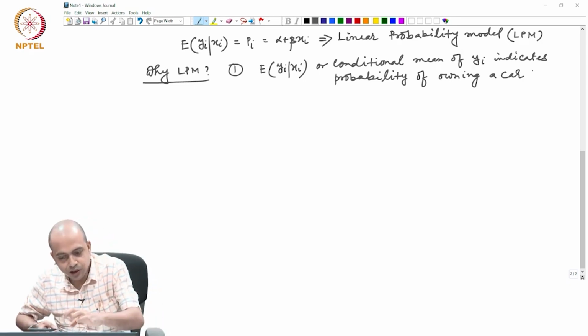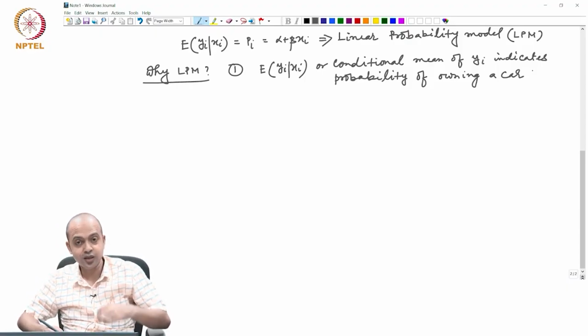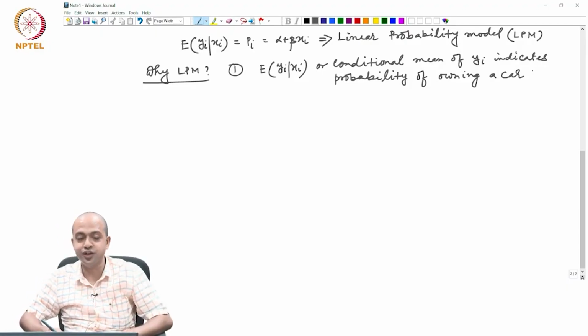So, here the conditional mean of yi actually indicates a probability.